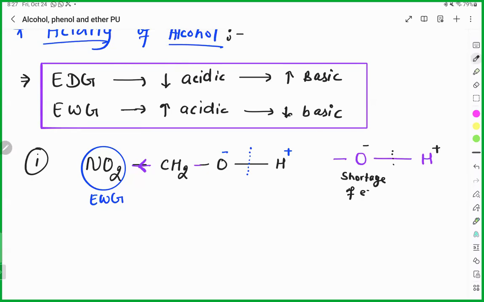Oxygen will withdraw electron from the hydrogen. And once oxygen withdraws electron from the hydrogen, oxygen will have negative charge, hydrogen will have positive charge, and H positive ion will be released. And easy release of H positive ion means more acidic.